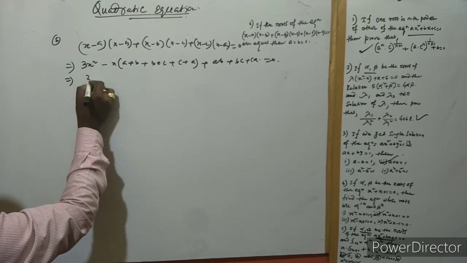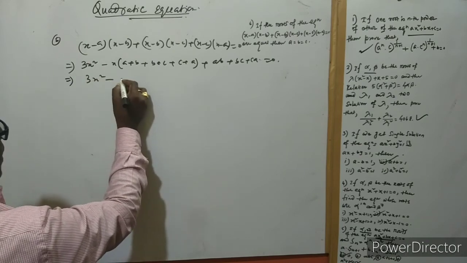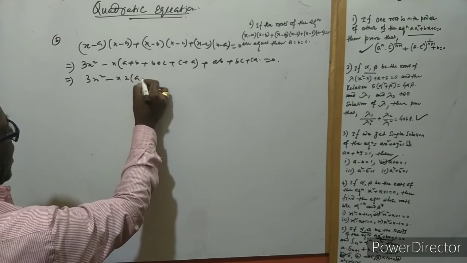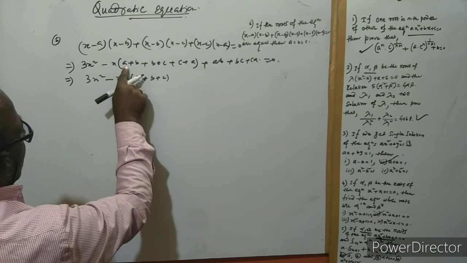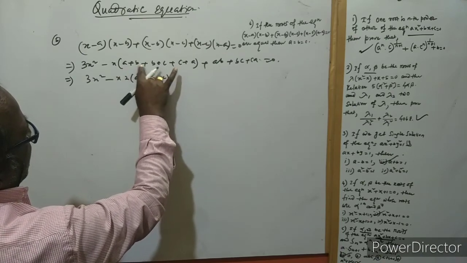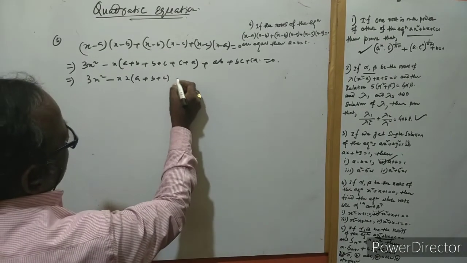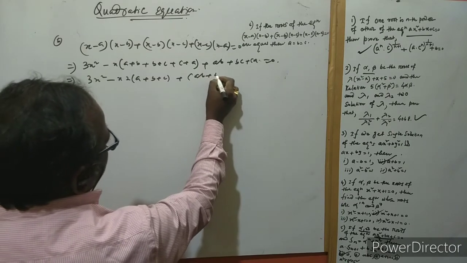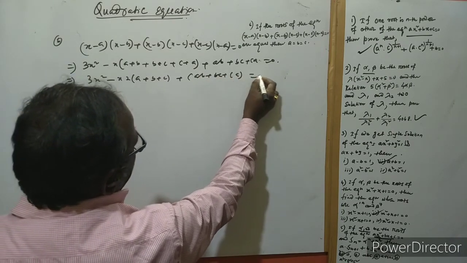So now you can write here 3x square, and x into 2 times of within the bracket A plus B plus C. This is 2 times of A, B, C. Now AB, BC and CA is equal to 0.